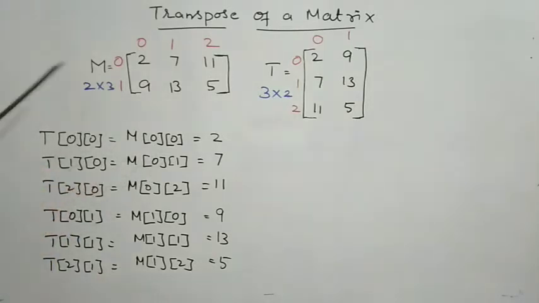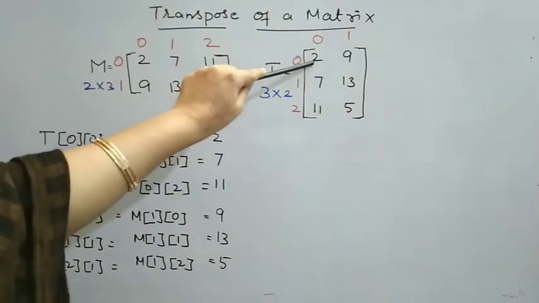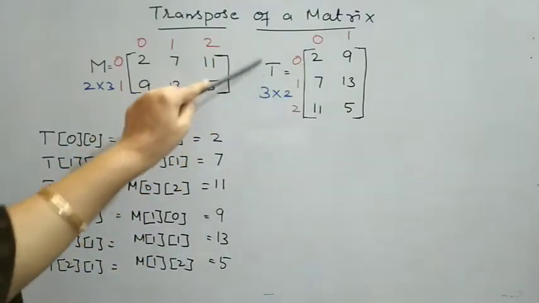So in this way, the row elements in the input matrix are transposed or converted into column elements in the output matrix, that is T.